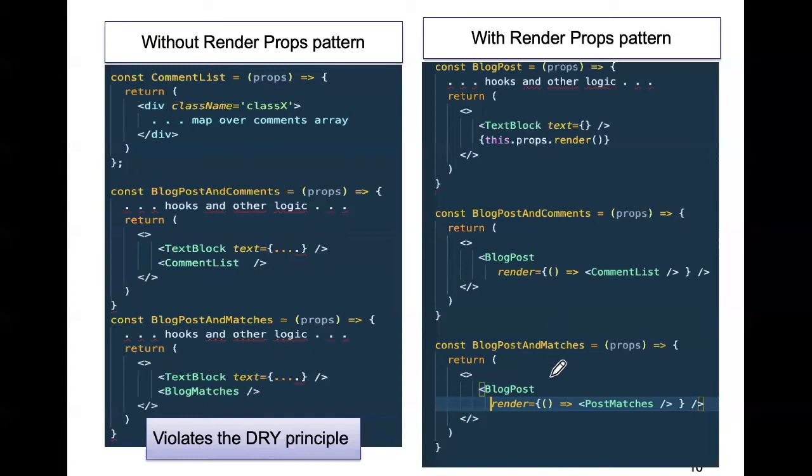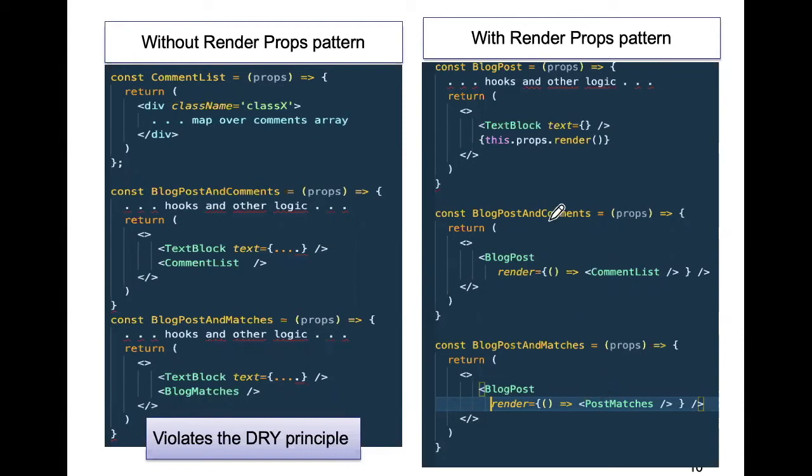Here are my two consumers, and it's passing in the first one as its render prop a callback function that returns my comment list, and the other one is returning the matching blog post list. Again, there's a lot of detail left out, but hopefully you get the idea.